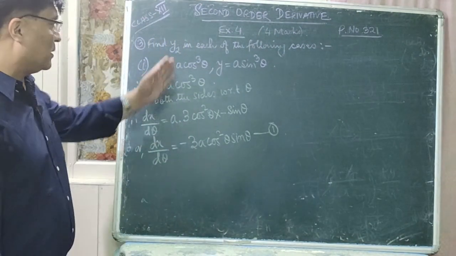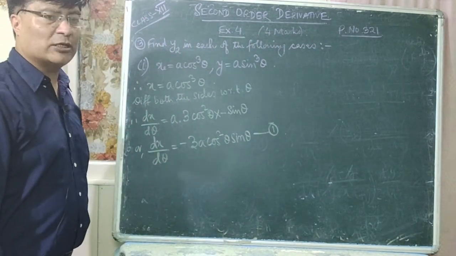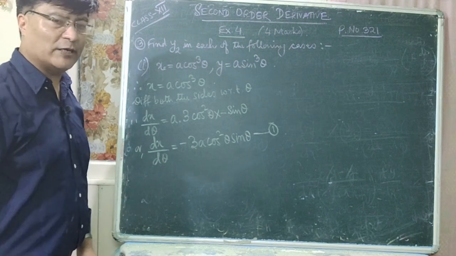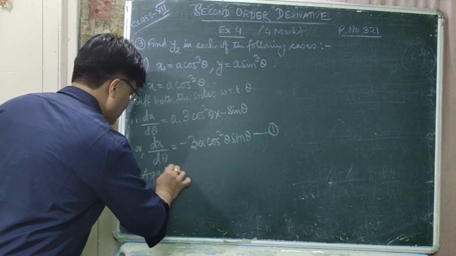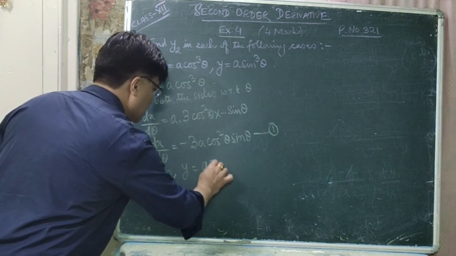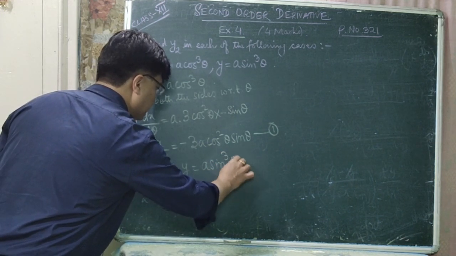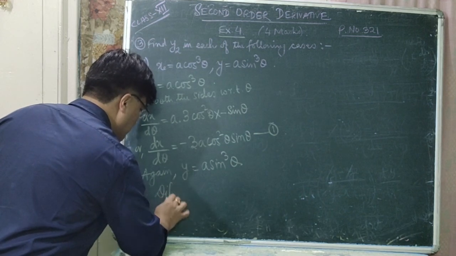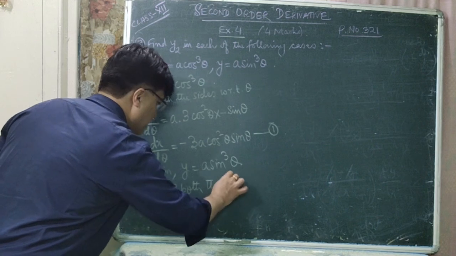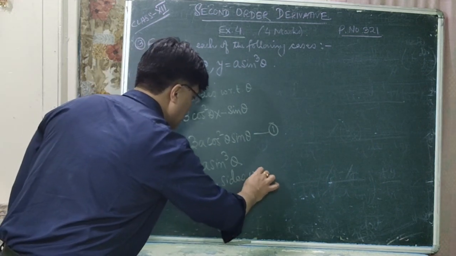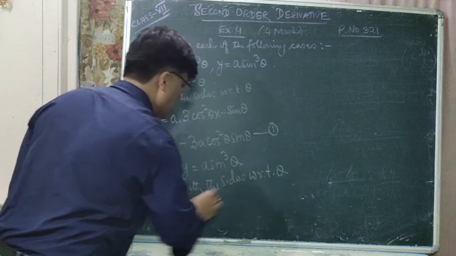So again there is other equation y is equal to a sin cube theta. From here you can get the value for dy by d theta. So again y is equal to a sin cube theta, right? So differentiating both the sides with respect to theta.